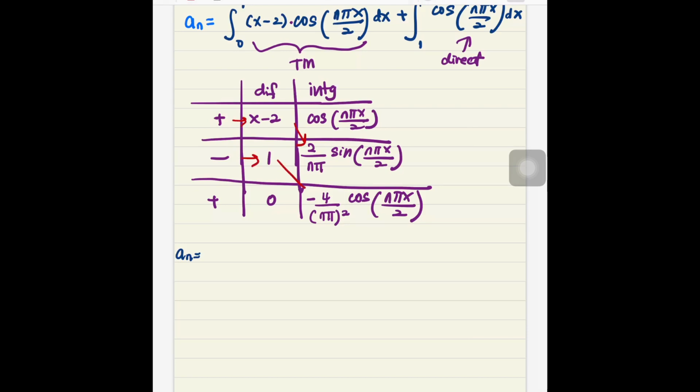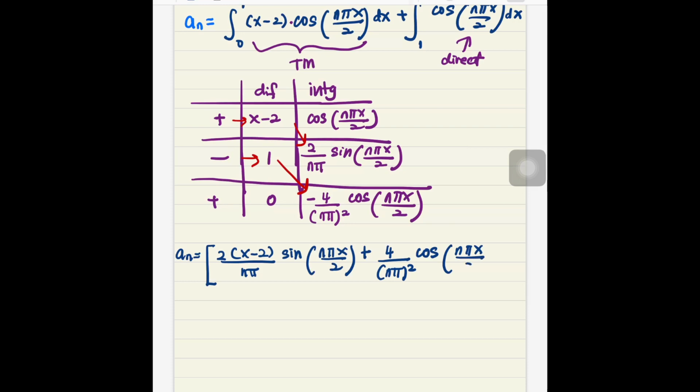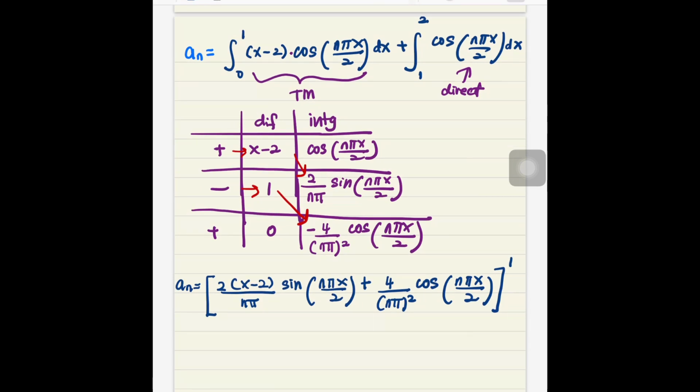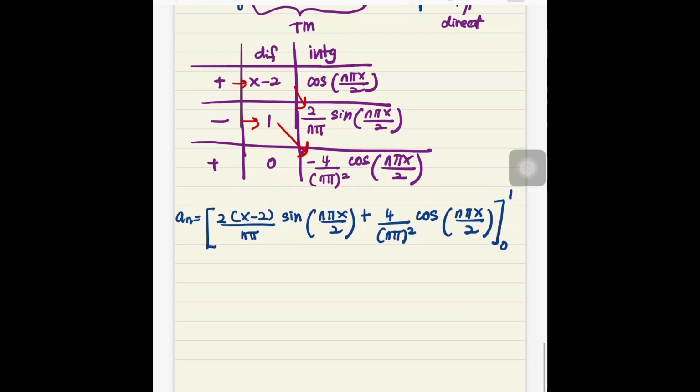So you will have 2 times x minus 2 over n pi sine n pi x over 2, minus minus will give you plus 4 over n pi squared cos n pi x over 2. Okay, so this one is for the first function, with the upper limit equal to 1 and lower limit equal to 0.